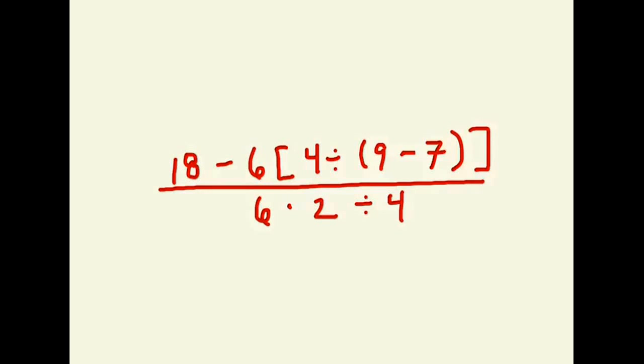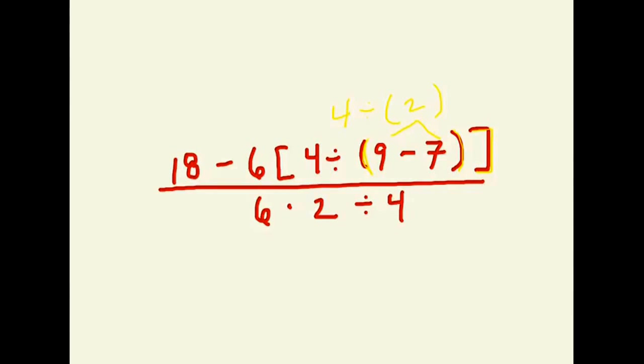I'm going to switch to a smaller pen and a yellow pen right here. Obviously, you're going to do grouping symbols first, and you do innermost grouping symbols. You can see that this has a bracket, and inside that is a parentheses. So we do this parentheses first. We actually do 9 minus 7, which is 2, and I leave it in parentheses, and I write all the rest of this stuff down.